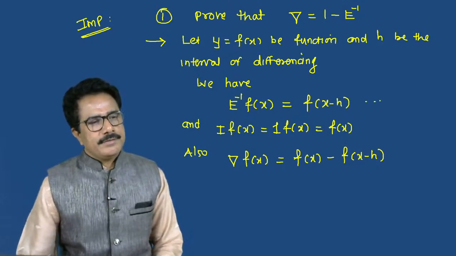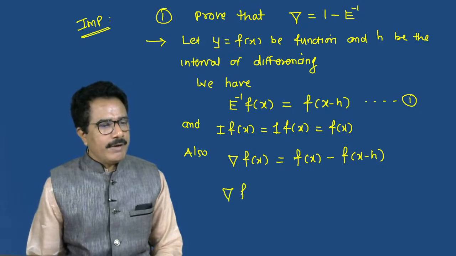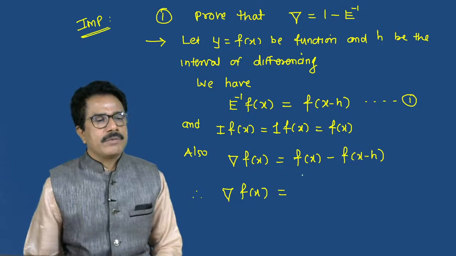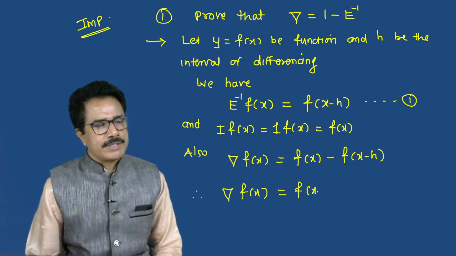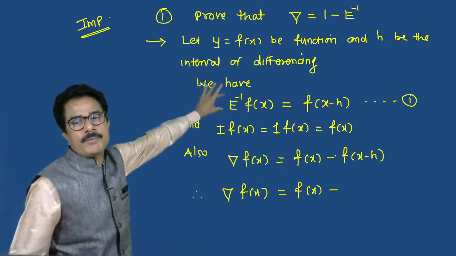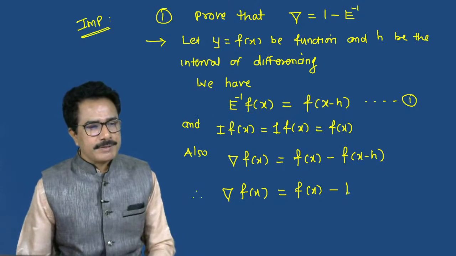See this, del of f of x is equal to f of x minus f of x minus h. Here f of x minus h, from equation 1, we can write as E inverse of f of x. Is that right, students? You have to write E inverse of f of x.